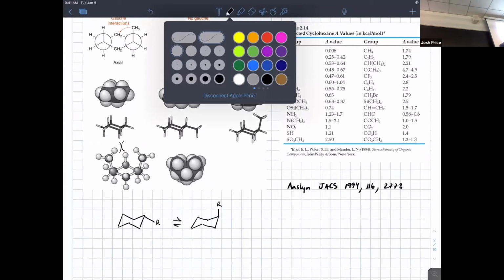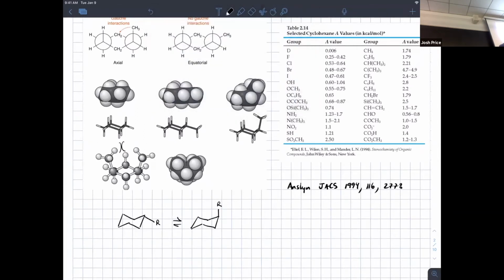If you integrate the peaks for one conformation and do the same for the other and compare them, you can calculate an equilibrium constant and a delta G. These delta Gs are called A values, and they are the energy required to go from equatorial to axial, so they're all positive.